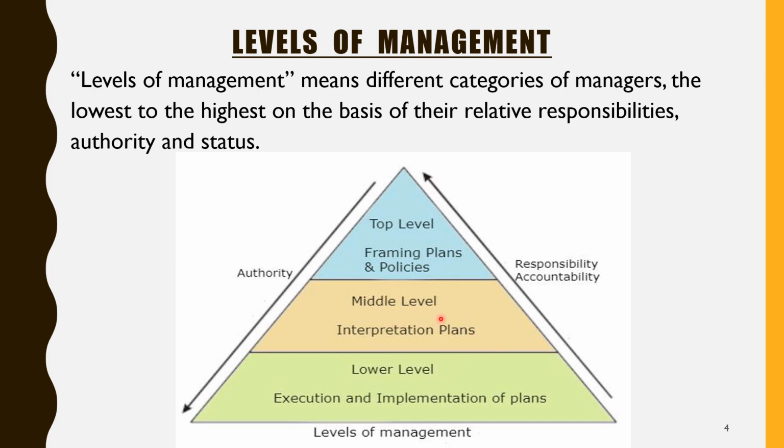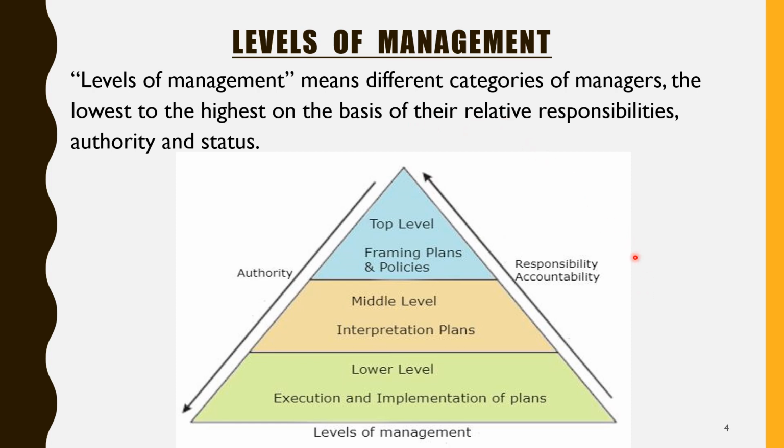Meanwhile, middle level is also accountable for ensuring that the lower level is executing the task as per the plans. Top level is responsible for ensuring that they make the right plans and they develop the right policies which contribute towards the development and success of the organization. This is how the levels of management contribute towards the effective and efficient achievement of organizational goal.